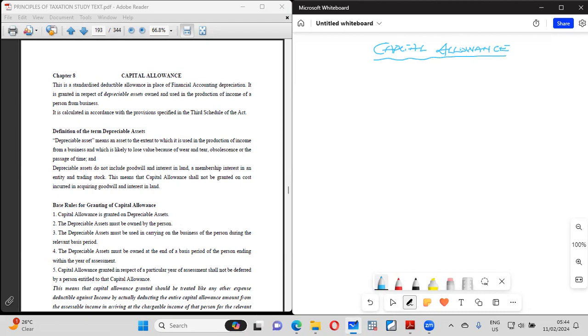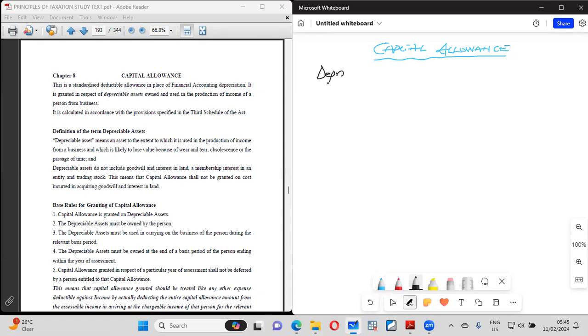We know the concept of depreciation in terms of financial reporting. And here we are just looking at its synonymous term when it comes to the way the GRA handles our depreciation. So capital allowance is just like depreciation.